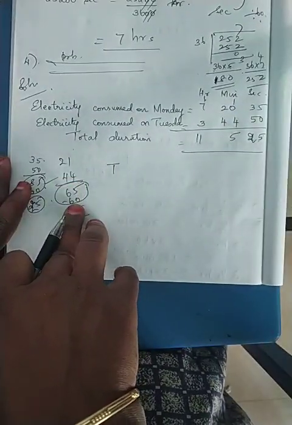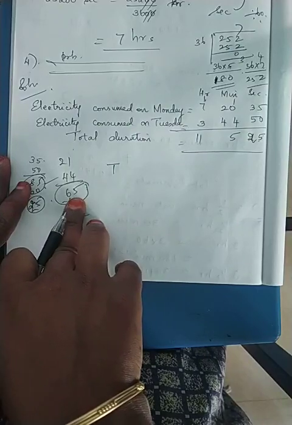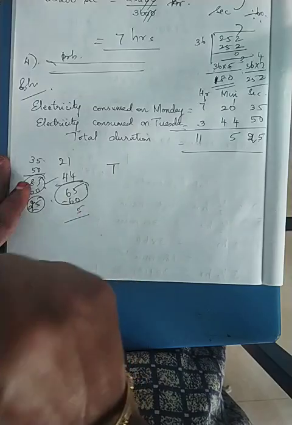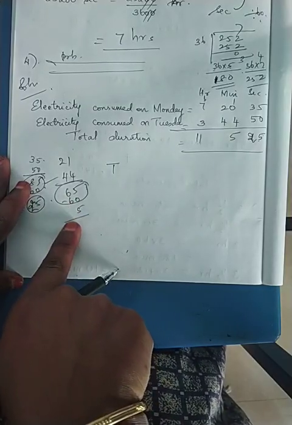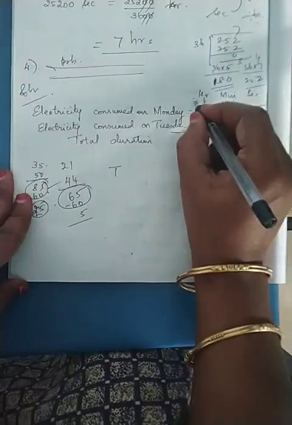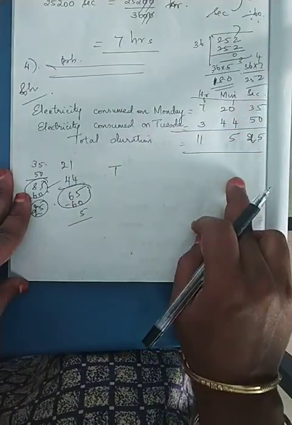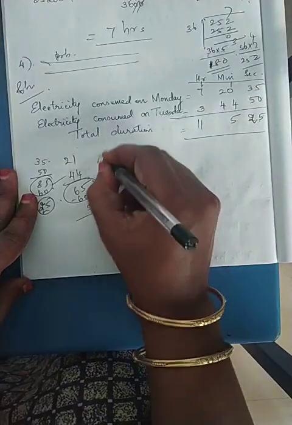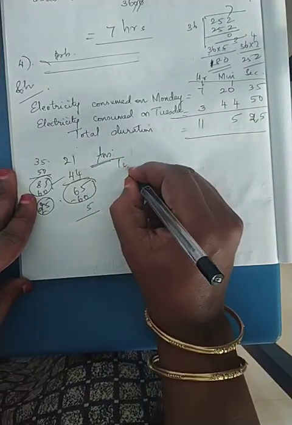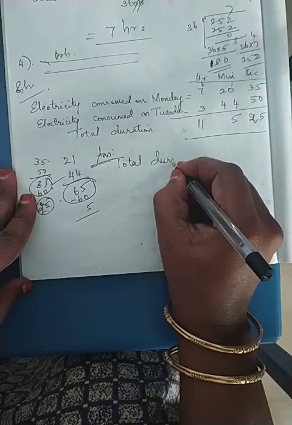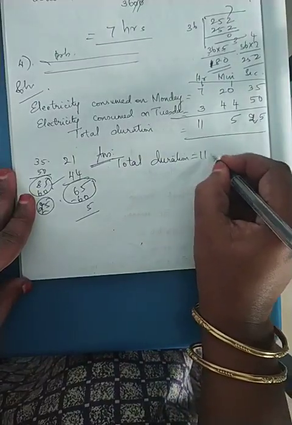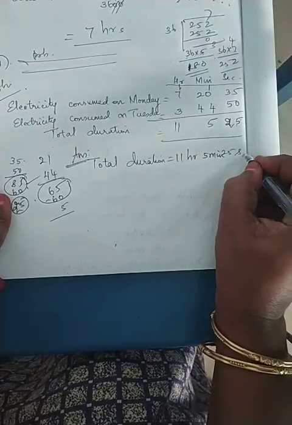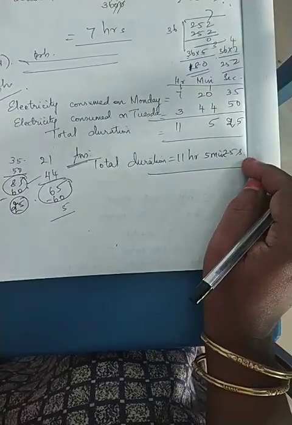It is becoming 65. So this 65, I subtract another 60, because 60 minutes will make 1 hour. So remaining will be 5 minutes only. So I am writing 5 minutes. So here you should be very careful when you are adding the hours, minutes and seconds. So in the answer you can write total duration is equal to 11 hours, 5 minutes and 25 seconds. This will be your final answer.